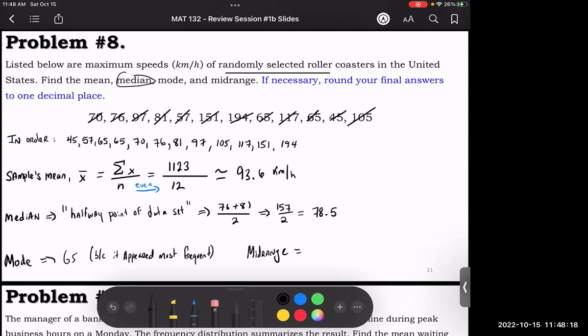So you have to add the low and high values. So I'm just going to say low plus high divided by 2. So what are your low and high values? Well, that was 45 and 194. So you take 45 plus 194 and divide that by 2.